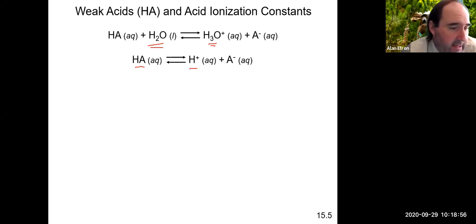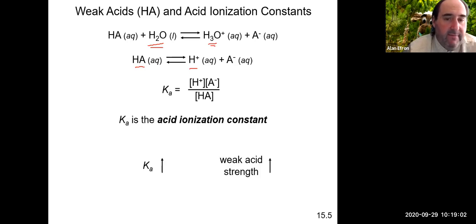So we can write an equilibrium constant for this, which is known as the Ka value. Ka, surprisingly, for acid. So we'll add this to our big growing list of K values. We've seen Kc, we've seen Kp, we've seen Kw. Here is Ka, which again, they're all pretty much the same. They're all equilibrium constants. They're all products over reactants.